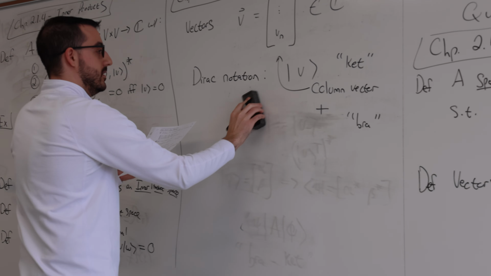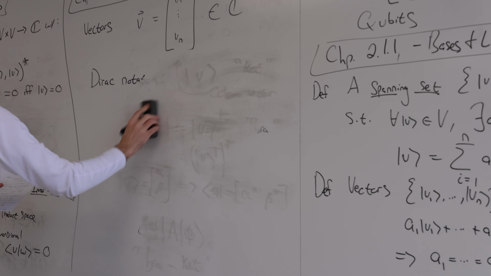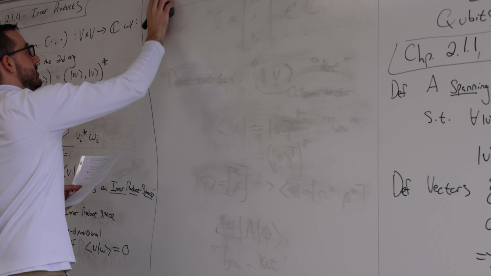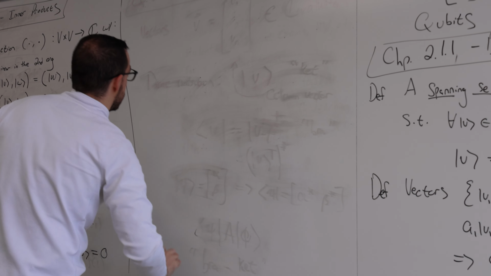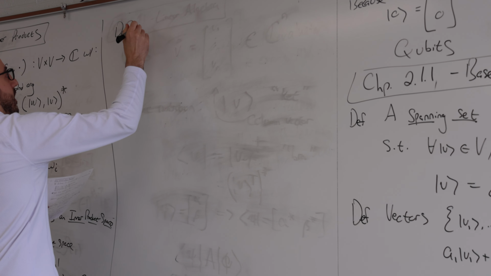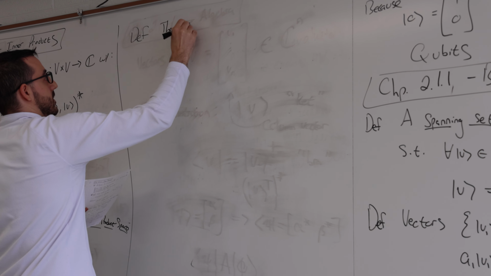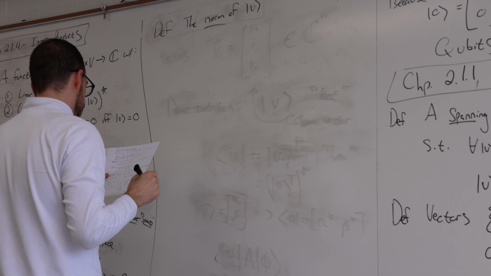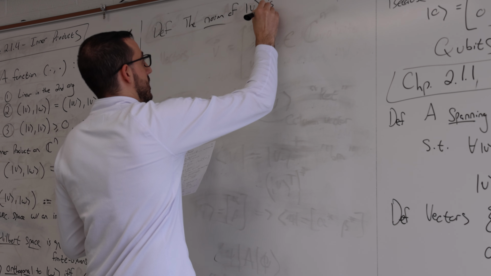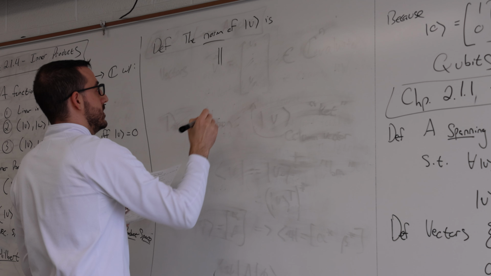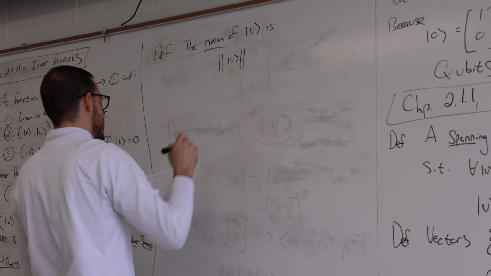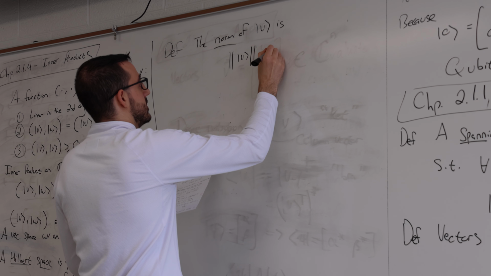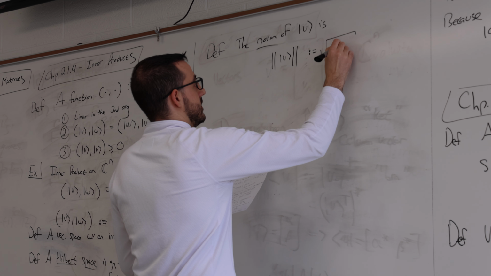In addition to vectors being orthogonal, we want to have a notion of the size of a vector, which will be the norm. So another definition, the norm of vector v is equal to, we'll use the following notation, 2 bars around the vector to denote its norm, and that is defined as the square root of the inner product of the vector with itself.